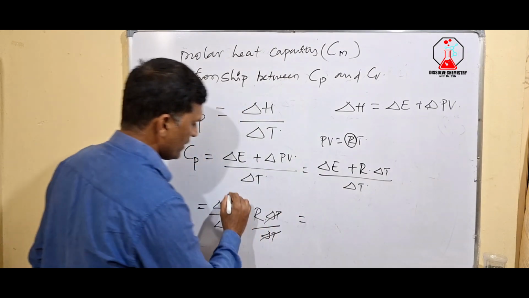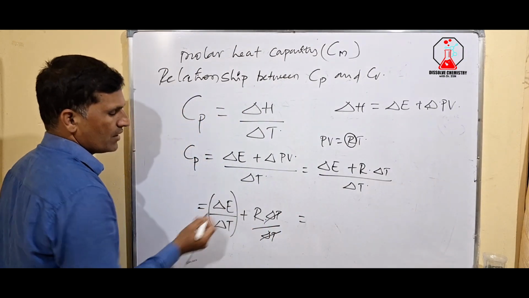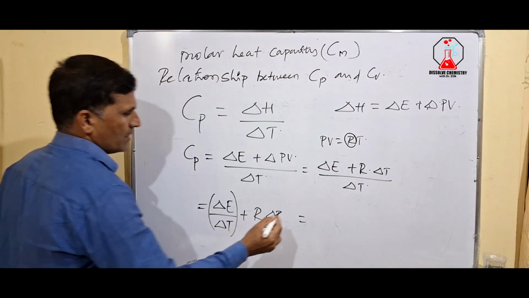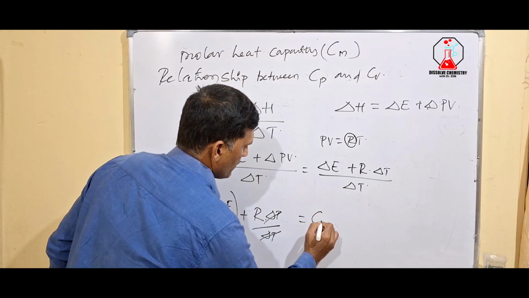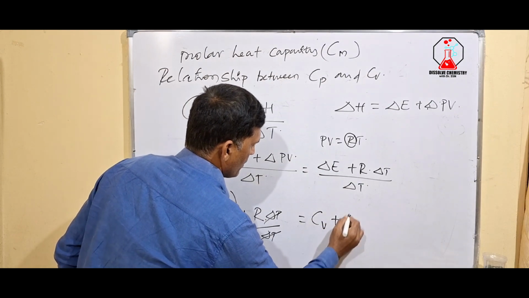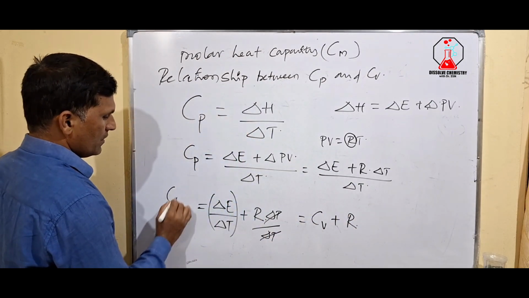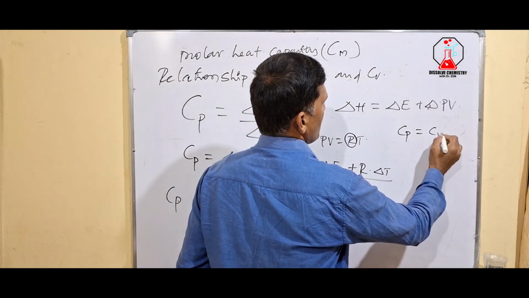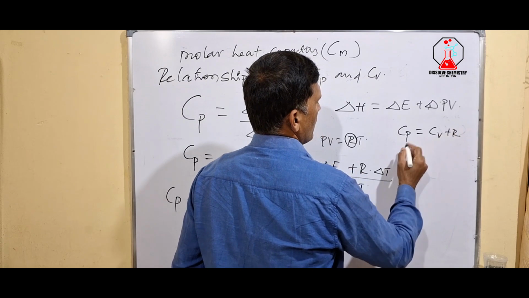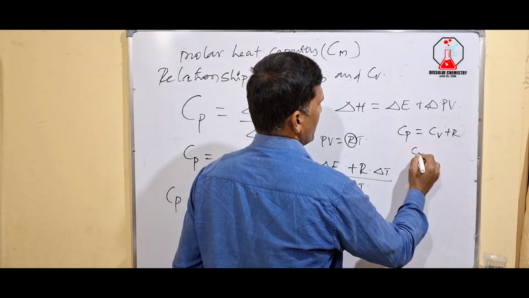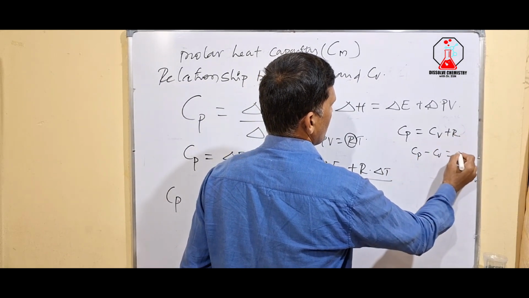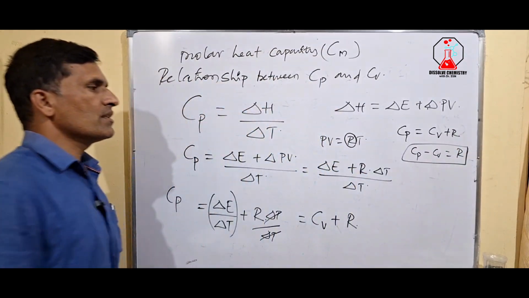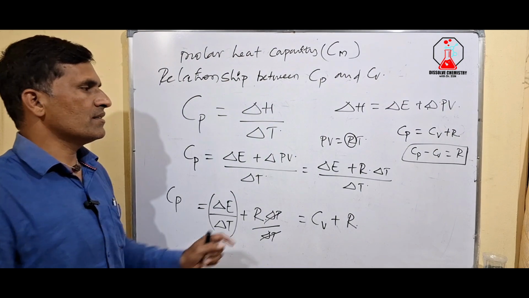So what is this term delta E by delta T? It is nothing but your Cv. Therefore Cp is equal to Cv plus R, or we can write Cp minus Cv is equal to R. This is how we bring the relationship between Cp and Cv.